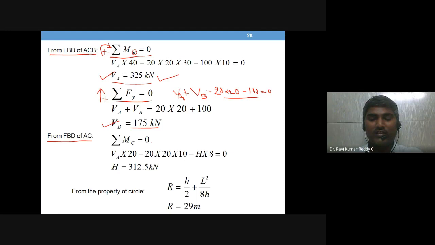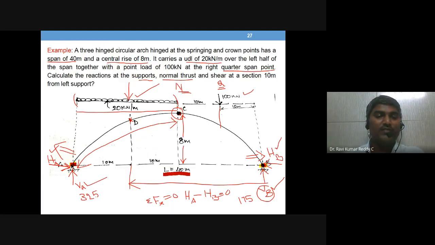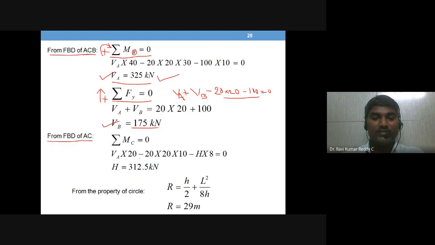So what is there on the left hand side? You have 325 into 20. The moment center is C, so the distance is 20. 325 means the VA value. And you have the UDL, which is already written, 20 into 20. Now the distance is 10. You have to observe this one: here it is from the right hand support, here it is from the crown.